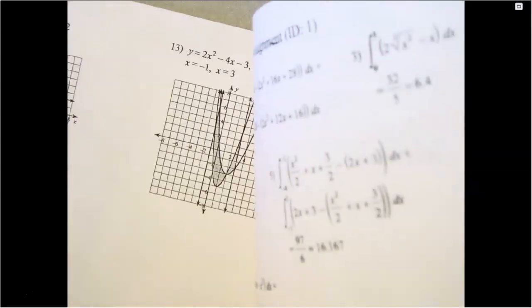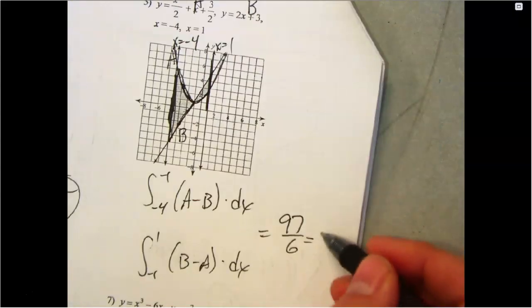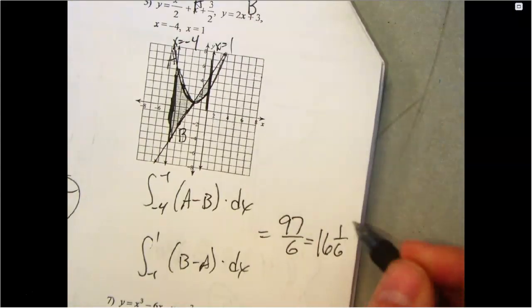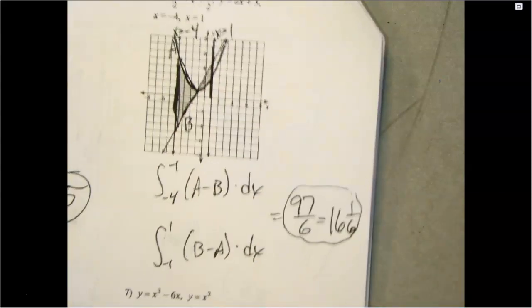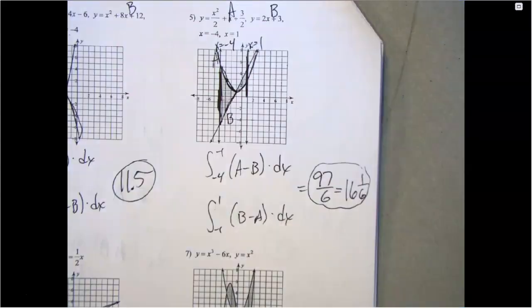If I get 16 and 1/6 or 9/7, yeah. So, you would say B's on top from -2 to 0, right? No, wait, no. B is the negative x squared.